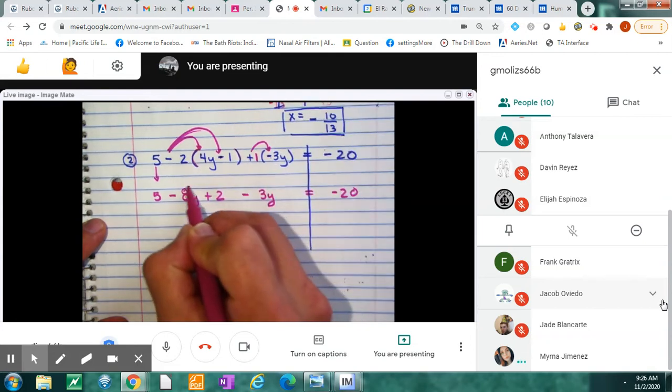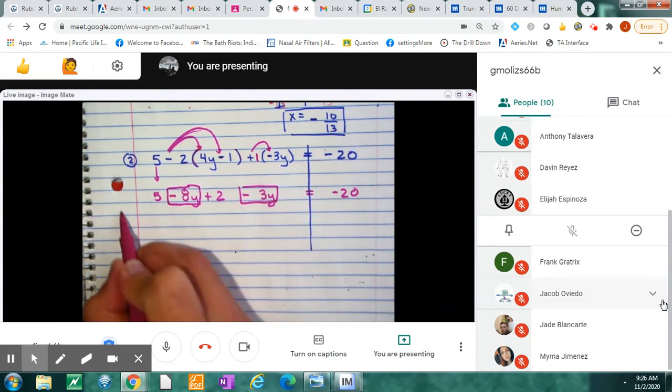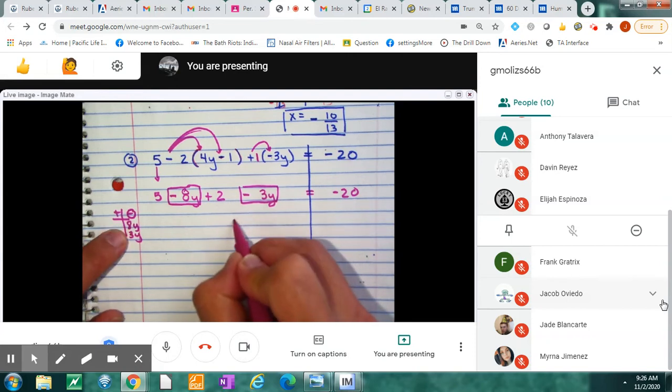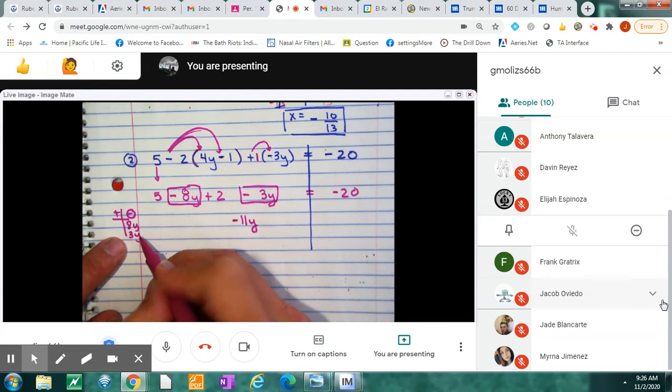Right, so I'm going to put a box over the -8y plus the -3y. See that? So I'm going to do the t-chart. -8y, -3y, which is a negative what? 11y, right? 11y, because you add them, right?